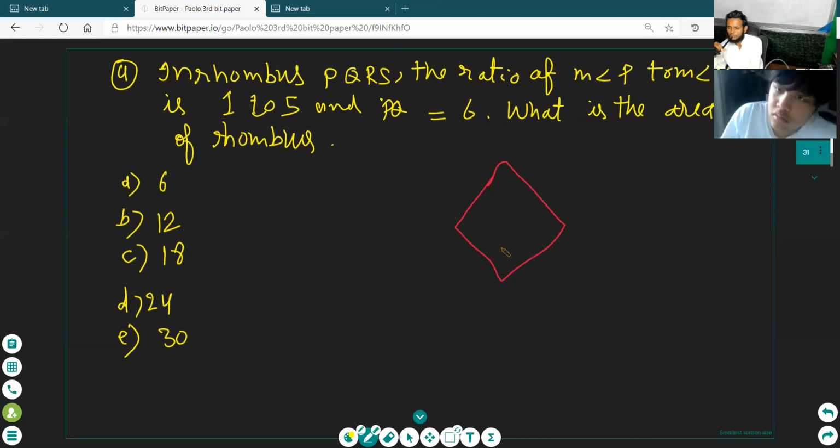But in a square, diagonals are not perpendicular, okay? Now write the name of the rhombus. Name of the rhombus, Paulo. Write the name: PQRS.